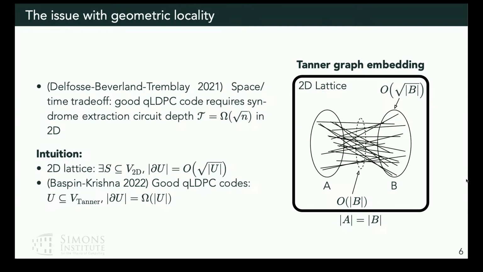So for each edge that crosses this cut, I'm going to need to consume a gate, and I can only do square root of this volume number of gates per unit time across this cut. And so I conclude that I require square root depth in order to measure everything here.